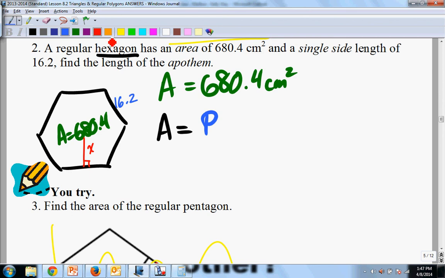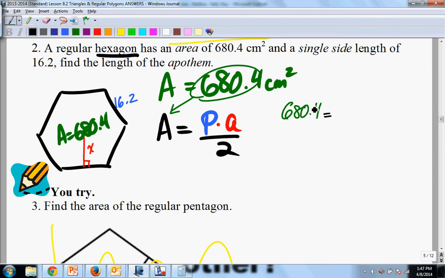So we're trying to find the side length. Yes, you're trying to work backwards. Well, ask yourself, what could you at least write the equation down? I did write the equation. Then circle, plug, chug. What do you have? We have the side length and the area. You're right. So circle, plug, chug.